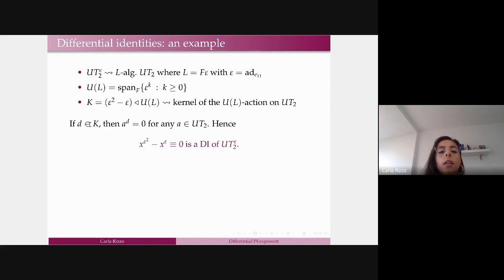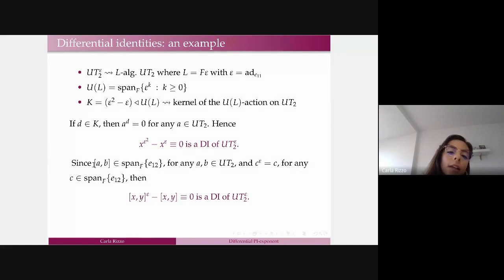First of all, if we take an element in the kernel, then applying it to any matrices of UT_2 we get 0, since it is the kernel of the action, right? So this says in particular that this one is a differential identity of UT_2 with epsilon.